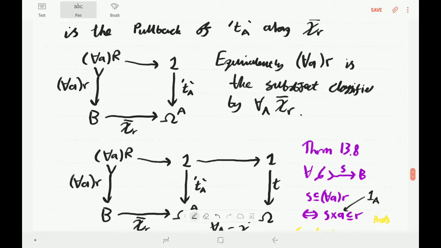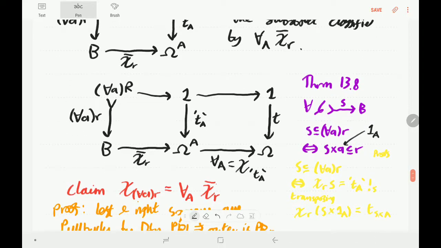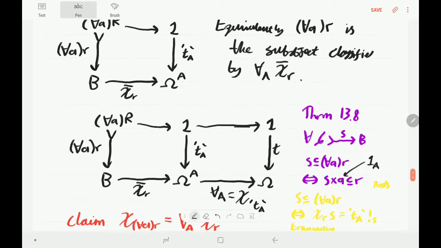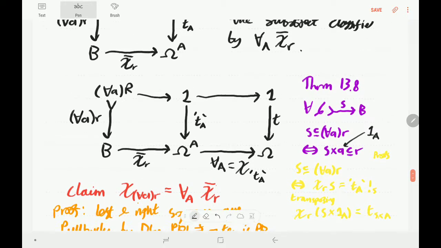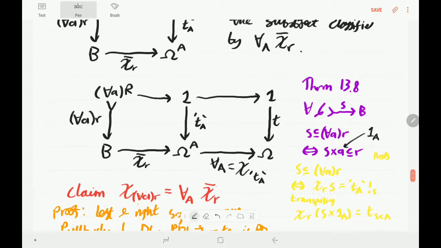Now, an equivalent way to define for all AR is as the subobject classified by for all A composed with the classifying arrow of R. And we can see that by this kind of pullback here, by this diagram. Because we know that the right square is a pullback.